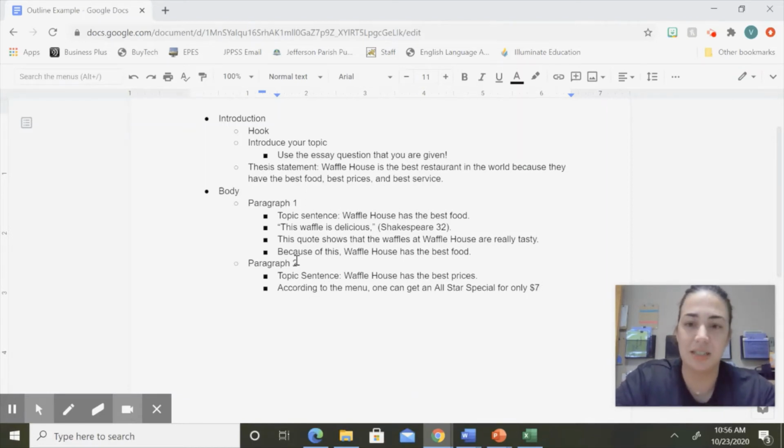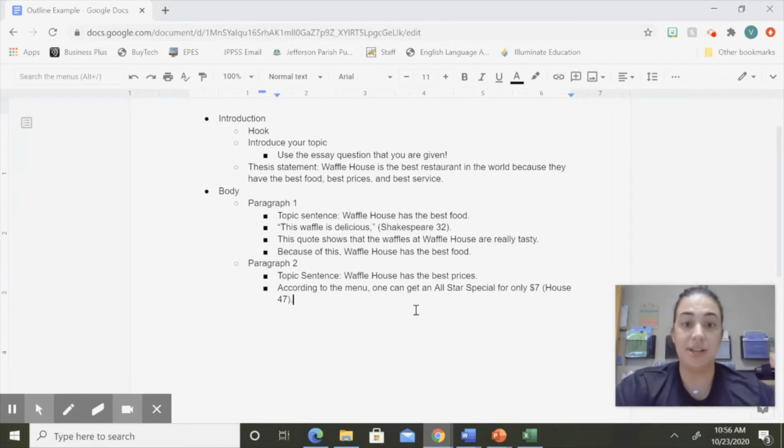It's probably 6 something, but you know, whatever. So one can get an all-star special for only $7. And I'm going to cite my sources, and that is House, as in Waffle House, and that's on page 47. Obviously, I'm just making up these page numbers, but roll with it. These are examples of in-text citations in MLA format.